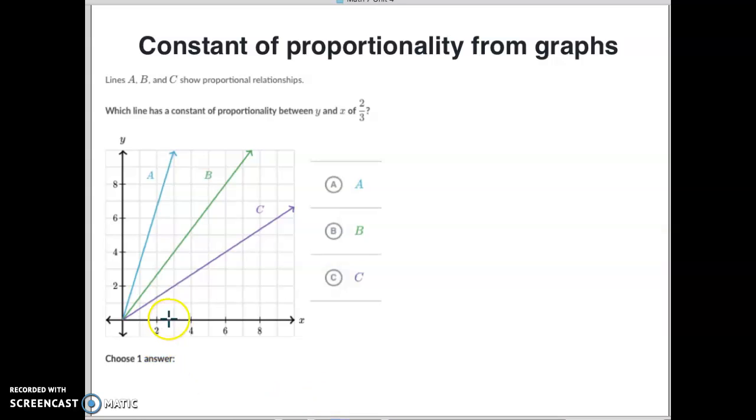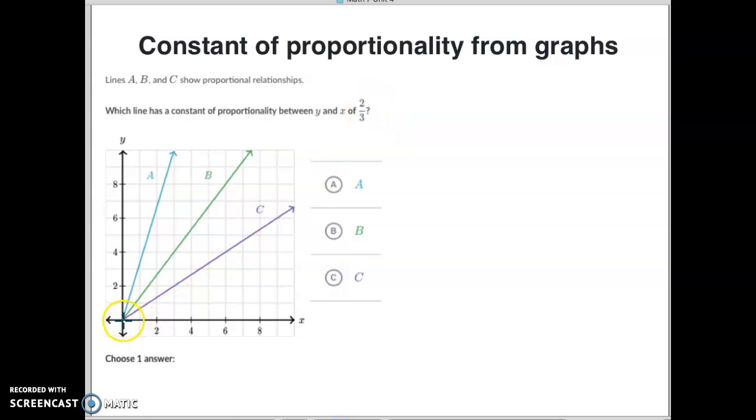There we go. All right, so from this one, which line, first of all, a constant of proportionality is basically on a graph, how much does something go up and how much does something go over? So we're looking for something that has a constant of proportionality of 2/3.